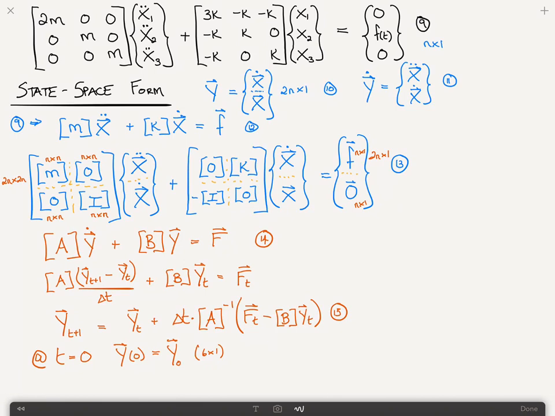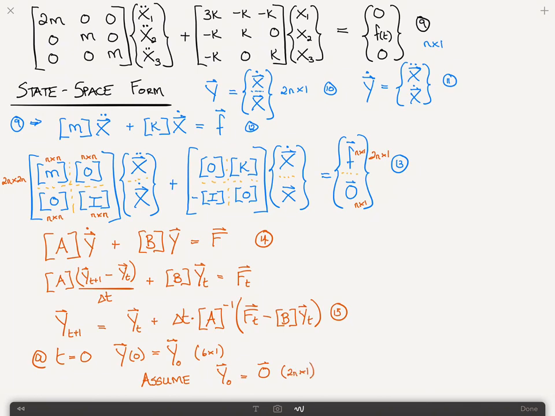Right, so let's go through the method, and then we're going to implement it in the following video in code. But the idea is that if we know the vector y, the state vector at time equals 0, which we can assume is a given, for now we'll just assume it's 0, y 0 equals 0, it's a 0 vector, 2n by 1.